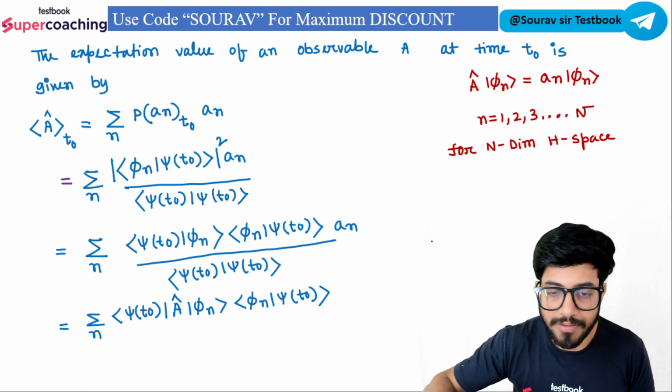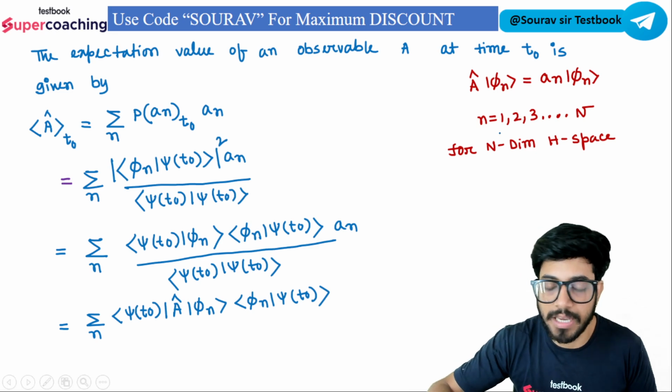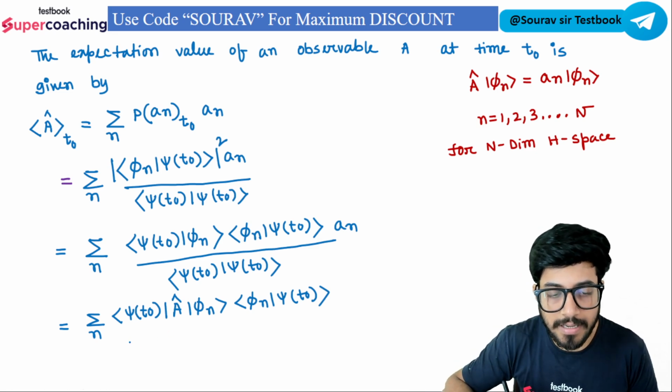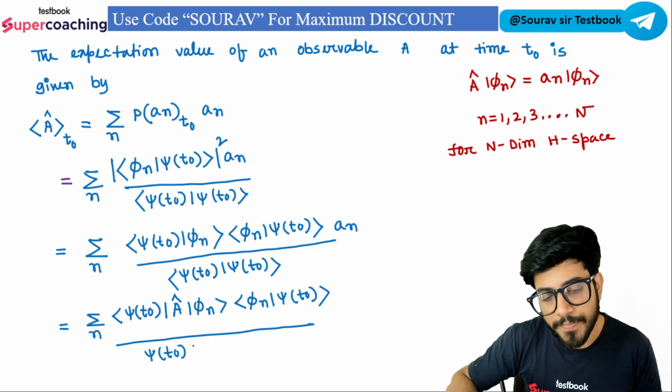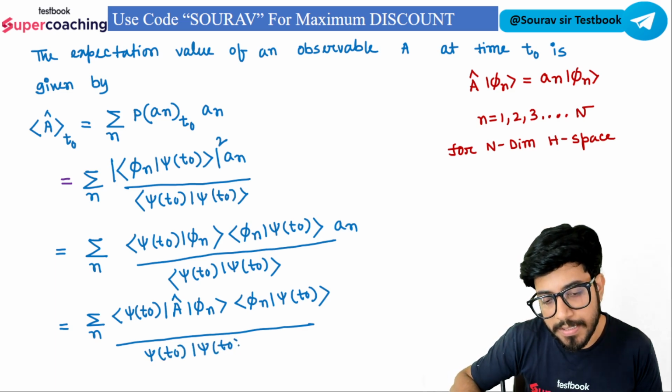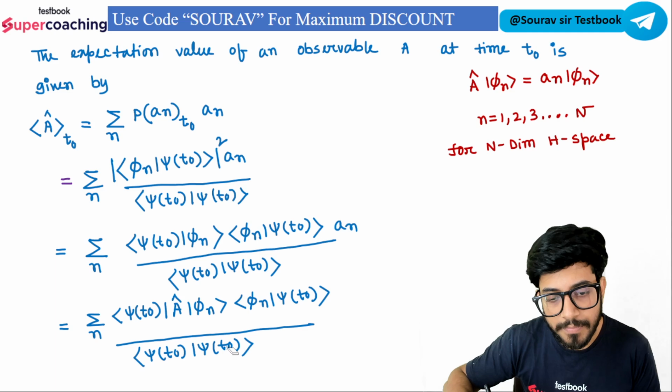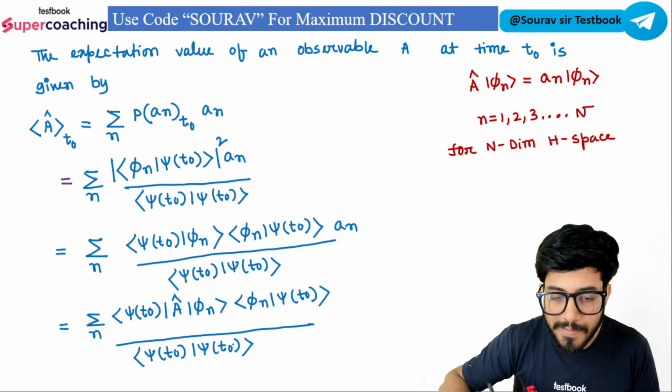And in the denominator I have psi of t0 psi of t0, of course.